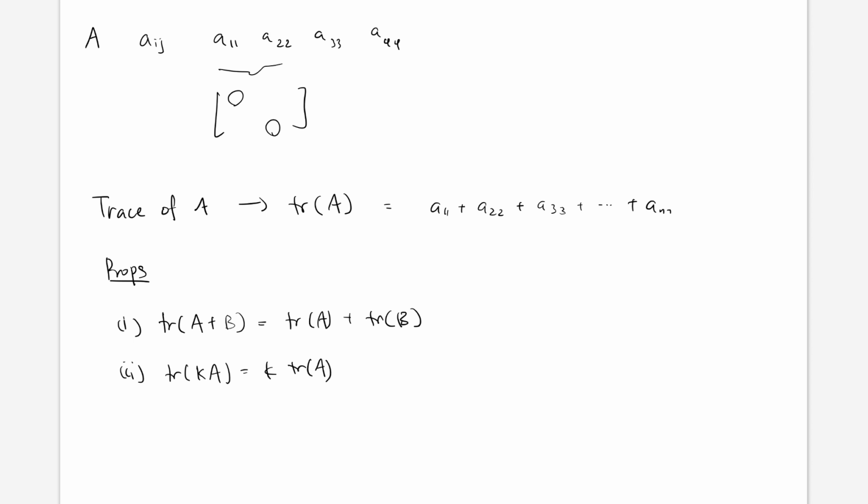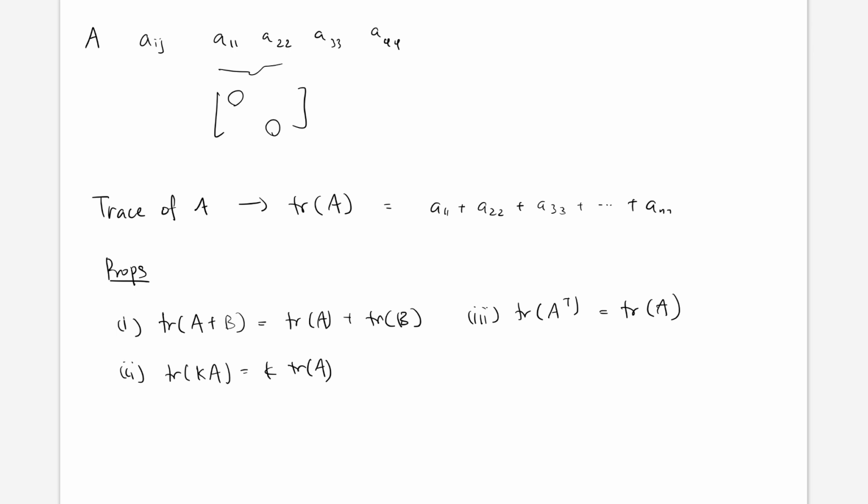Should also make sense because the scalar simply acts on the elements one by one, same way for each element, so it's going to be the same. Third one is that the trace of a transposed matrix is the same as the trace. But this is only true for square matrices, of course, because to have a diagonal, you need to have a square matrix. So for a trace to be defined, you need to have a square matrix.